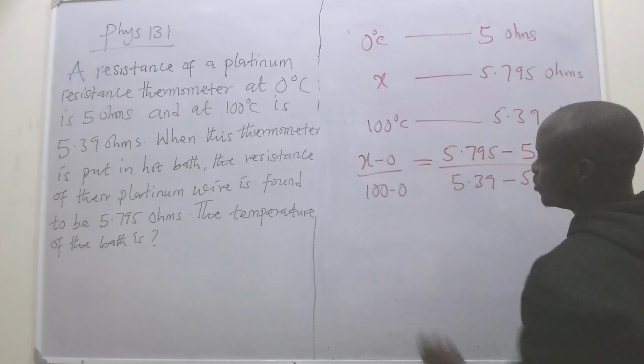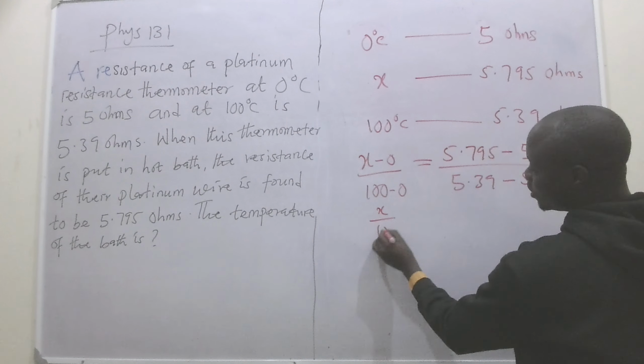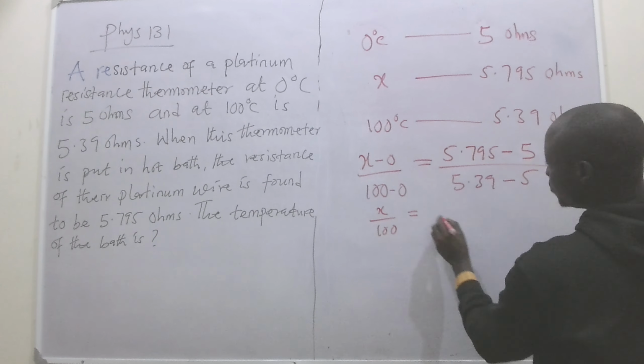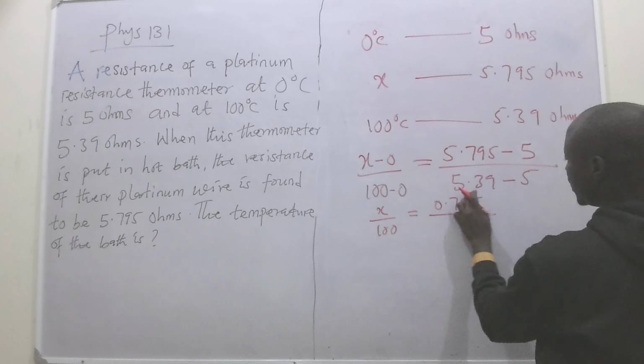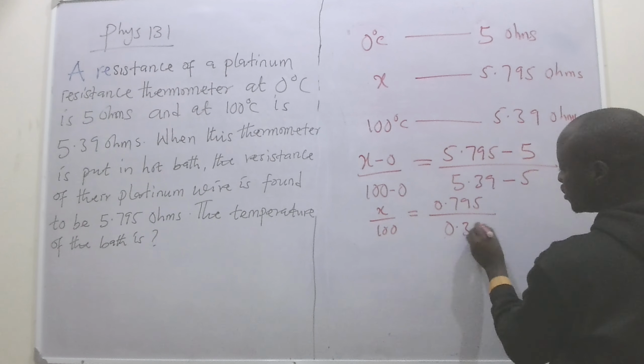So this minus this, we have x divided by 100, and this minus this, we have 0.795 divided by 0.39.